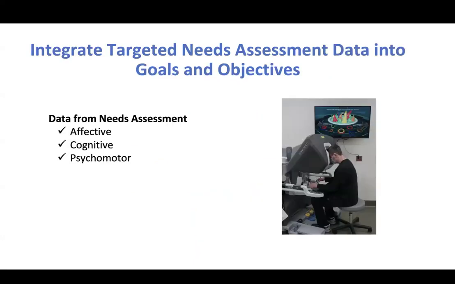Integrate targeted needs assessment data into goals and objectives. Learning can be divided into 3 domains. Affective. This domain includes objectives regarding the interest, attitude, and values relating to learning the information. Cognitive. This is the most commonly used domain.